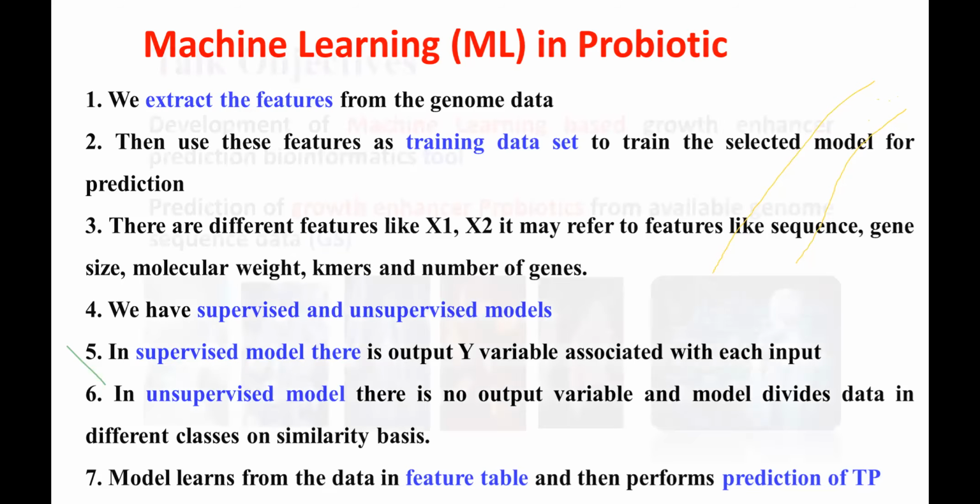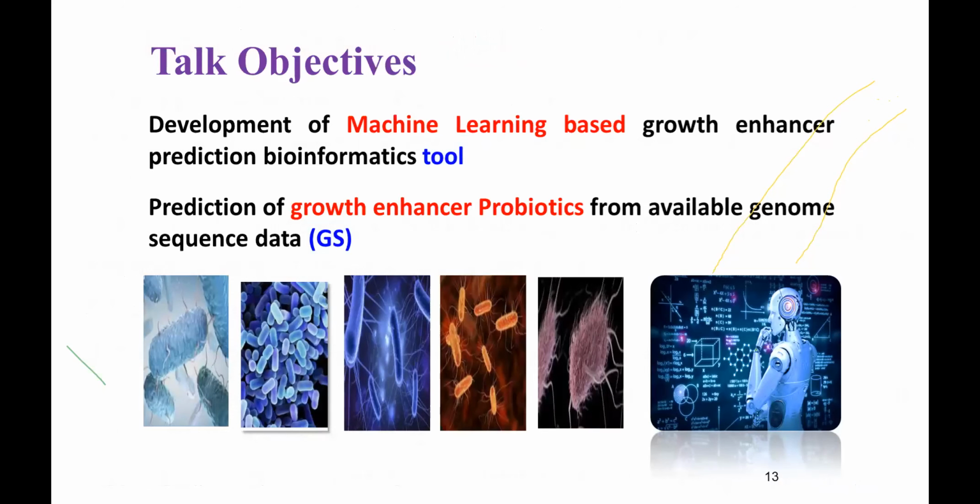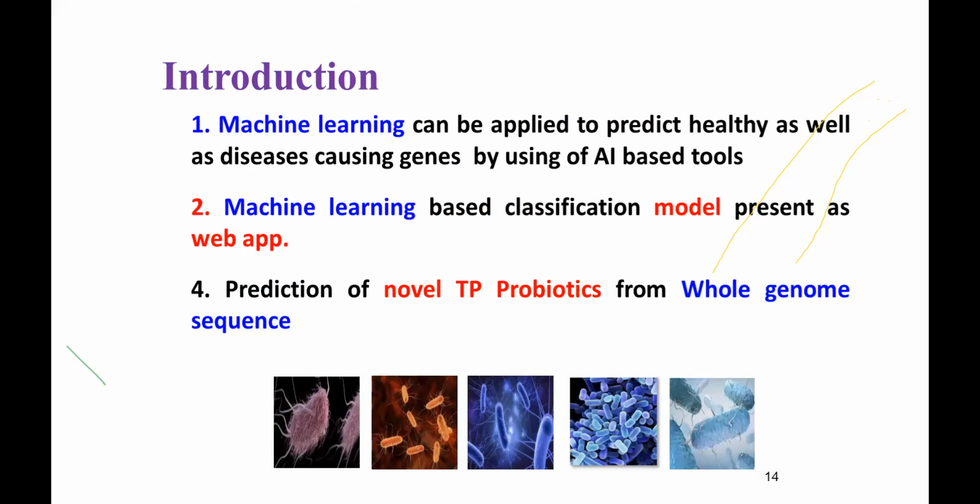So the top objective is the development of a machine learning based growth enhancer prediction bioinformatics tool. As explained earlier, machine learning can be applied to predict the causing genes by using this tool and classification model.